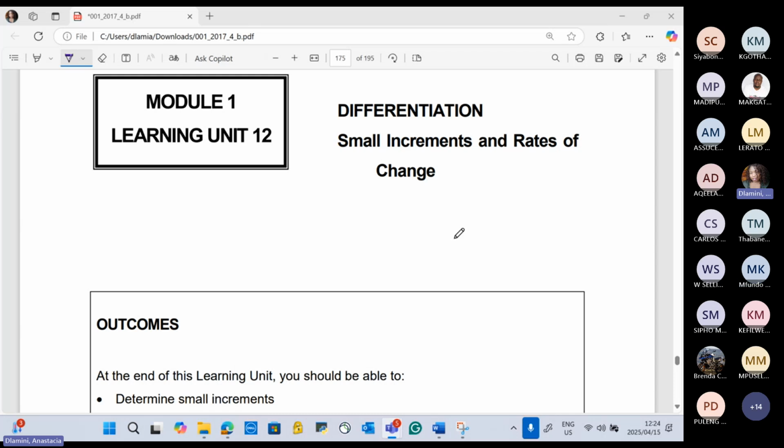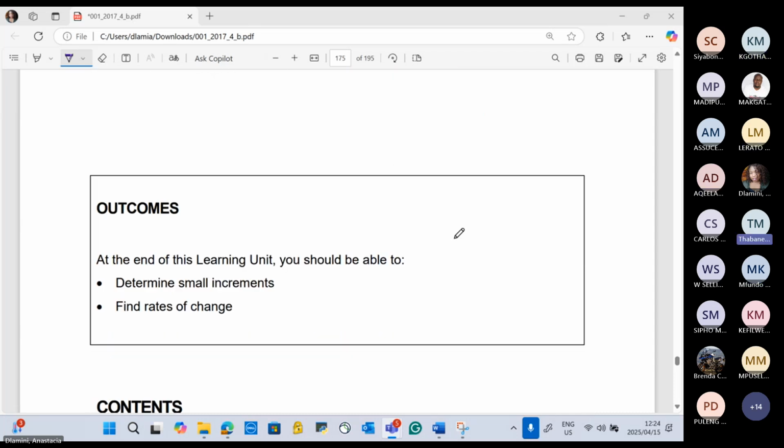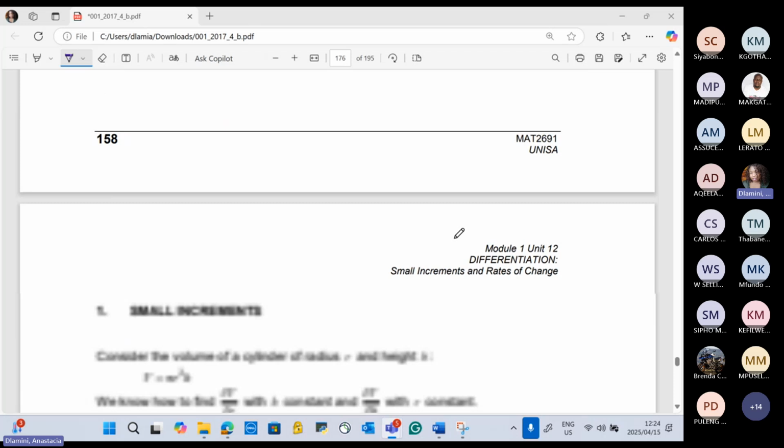Are we all together? The rate of change is the rate at which something is changing with respect to time. Are we together? Yes, ma'am. So outcomes: at the end of this learning unit, you should be able to determine a small change and find the rate of change. That's what they're saying.